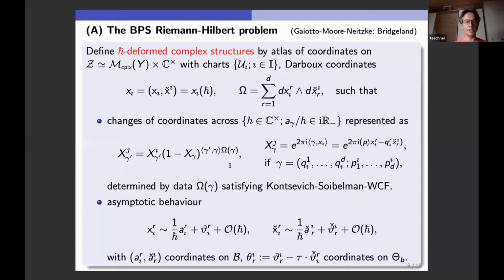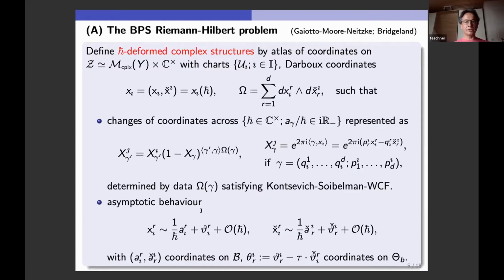So there are some constraints, which could be seen as constraints for the very possibility to define a consistent deformed complex structure in this way. This appeared as a smoothness condition in the case of hyperkähler metrics in the work of Gaiotto, Moore, and Neitzke. Here we're talking just about the complex structures.